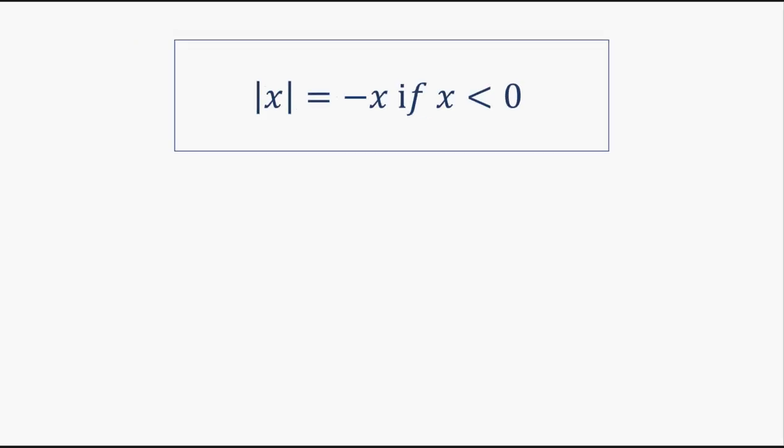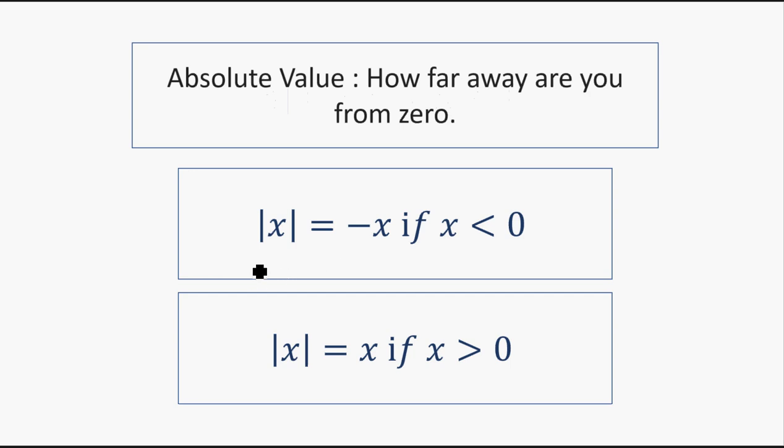So these are the bookish definitions. Mod x is equal to, basically this is how you calculate the absolute value. You don't have to remember this. The simple thing you need to understand is the absolute value of any number is the value only. The sign does not matter.